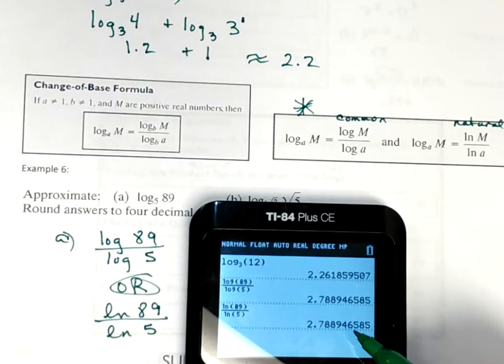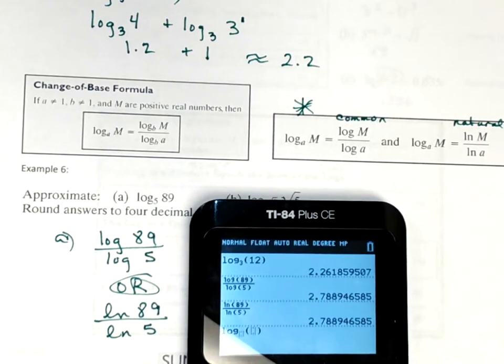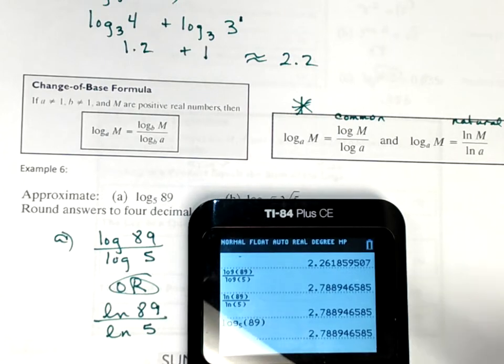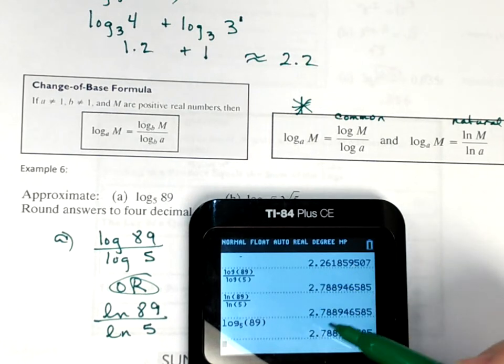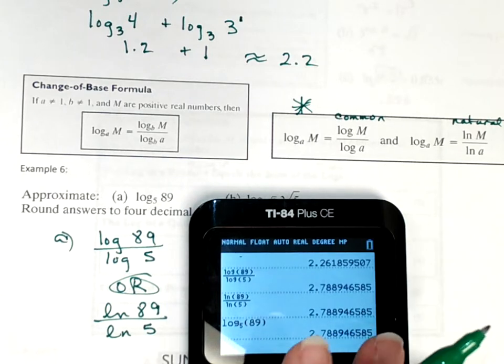And it's the exact same answer. Now let me show you one time with the change of base. We use math, log base 5 of 89, and the answer is still 2.7889. Okay, so all three of these gave me the same answer, all three versions: the common log, the natural log, and the log base 5.